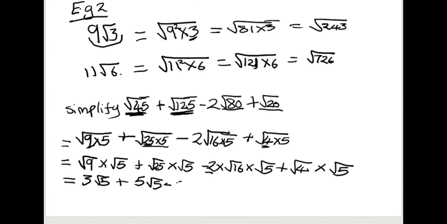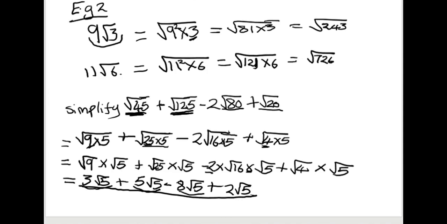So 2 times 4 is 8. 8 times root 5, plus root of 4 is 2, so 2 times root 5 will be 2 root 5.